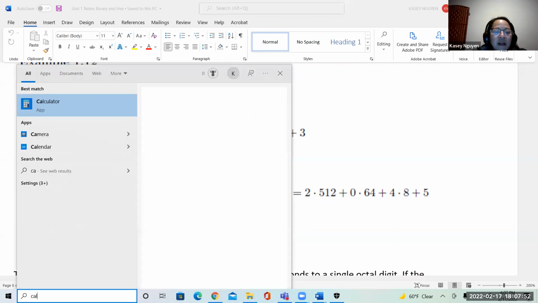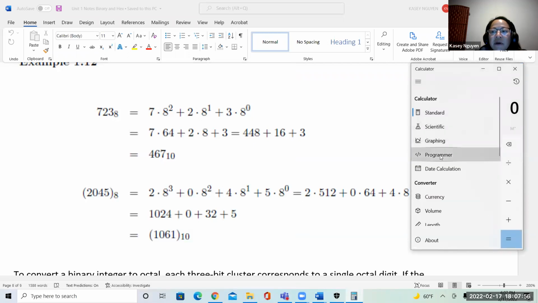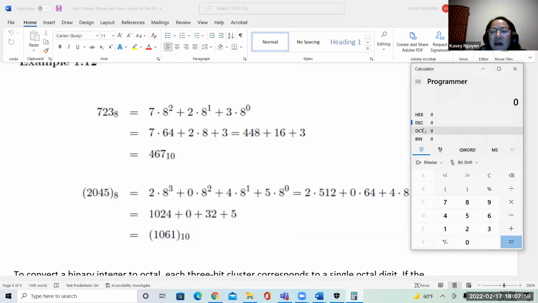And as you open up your calculator, you switch to the programmer mode and you do see octal here. So if I punch in 723 in octal, which is base 8, I would see that my decimal is 467. So that's the answer here, as you can see.